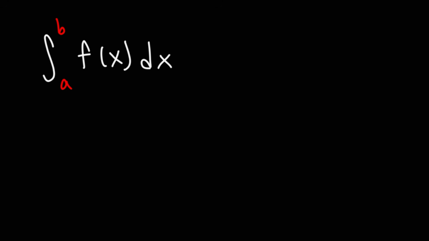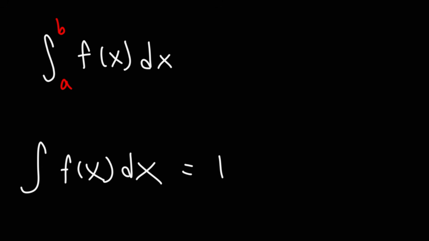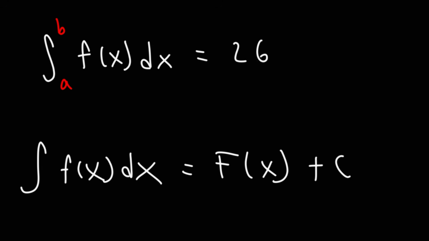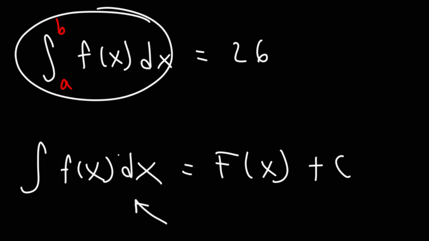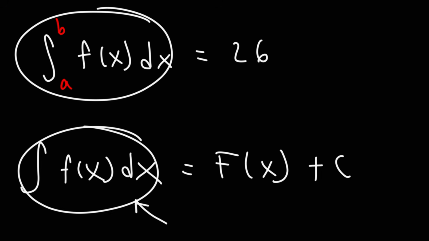The result of a definite integral is a number, a value, a constant. Whereas the result of an indefinite integral is a function, whether in terms of x or in terms of t or something. So this might give you a value like 26 or negative 34, but this will give you a function. So this is a definite integral and this is an indefinite integral.